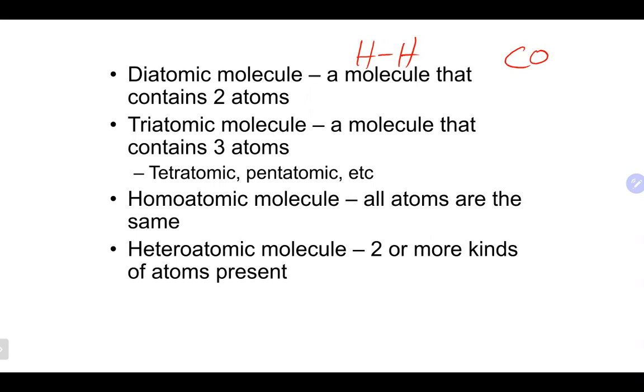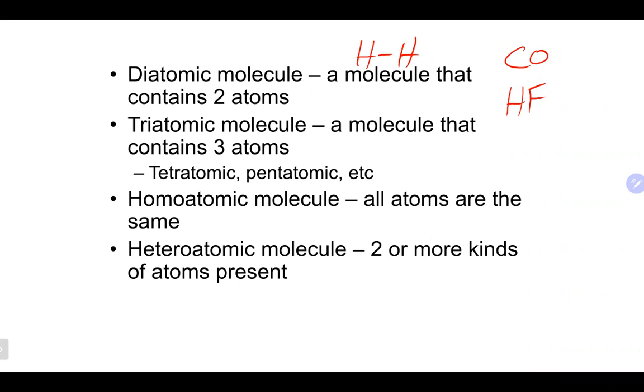It actually is diatomic because it also meets the definition. It is two atoms together. In this case, it happens to be different ones. So if you're classifying something as a diatomic molecule, it doesn't necessarily have to be the same element. It just means that there's simply two atoms together. Just like if we had HF, that also would be diatomic, because there's only two atoms involved.